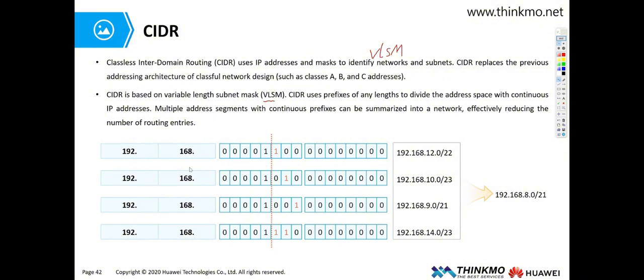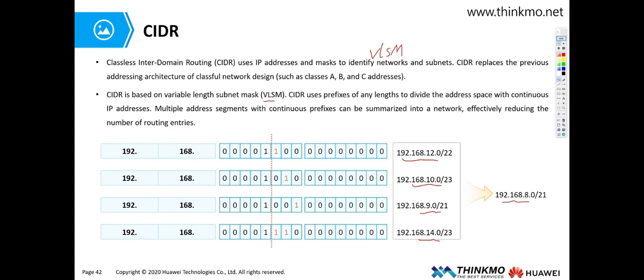In this context, I aggregate them into a single network, which can effectively reduce the number of routing entries. For example, in this case, we have these routes, 12.0, 10.0, 9.0, and 8.0, these 4 segments. I can aggregate them into 192.168.8.0/22. At this point, the routing entries in my routing table will be greatly reduced, optimizing my routing table.